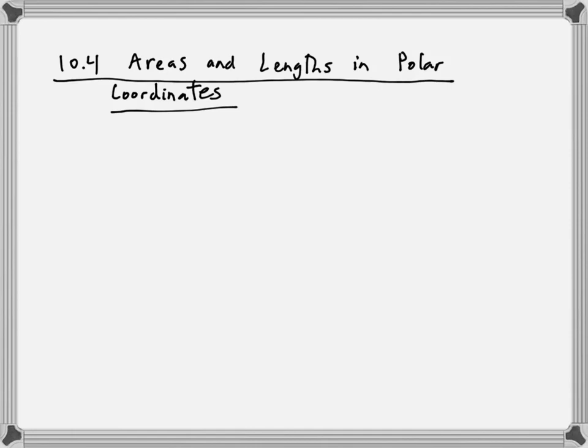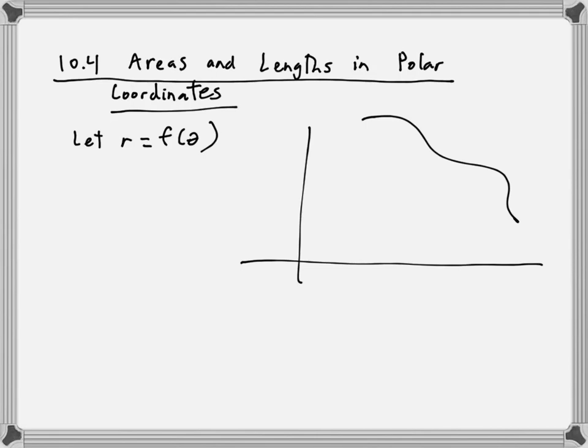Okay, so we're going to start with a polar function. Let's begin with r equal a function of theta, right? So in other words, we have some sort of a curve, and what we want to do is find the area not under the curve, but the area bounded by that polar region, right?